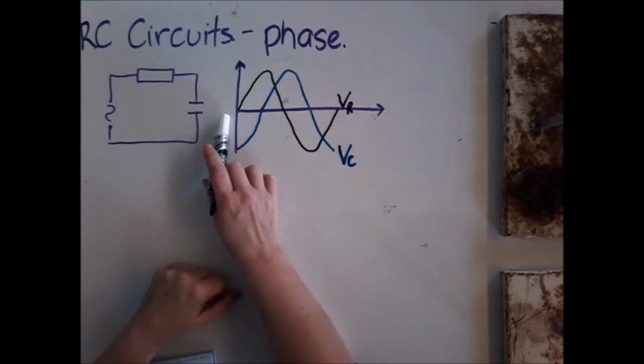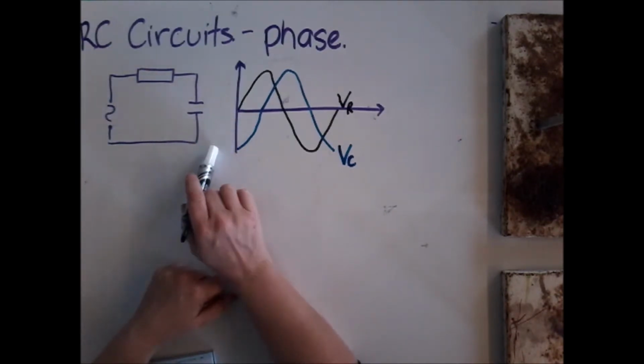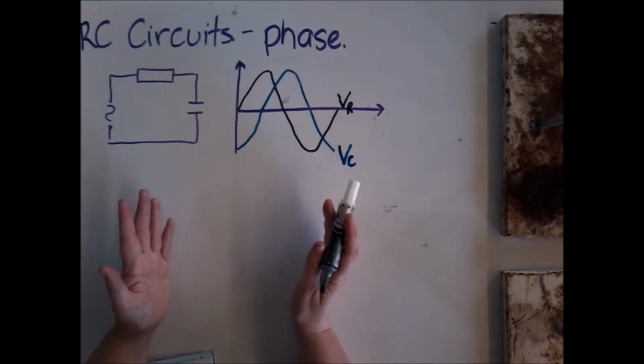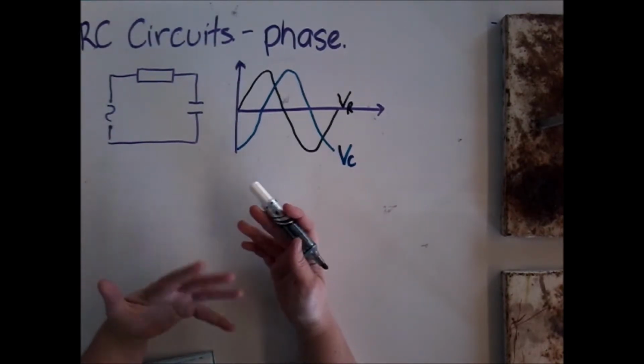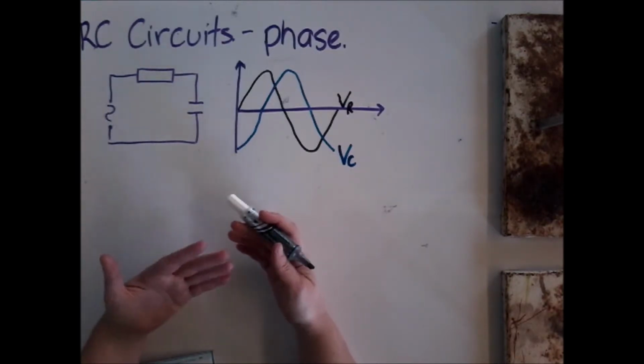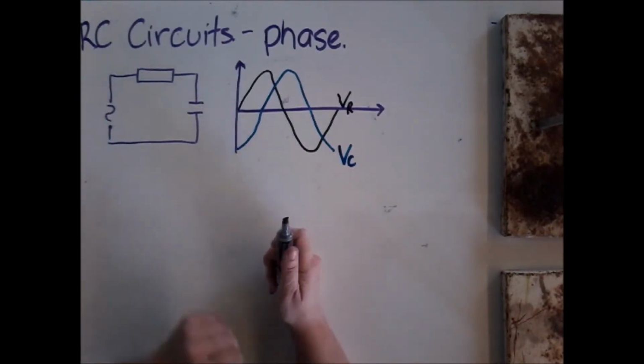When the voltage across the resistor is at 0, the voltage across the capacitor is at its negative maximum. And we can follow that sine curve through. And what we find is the period is the same because they're both being driven by the same AC frequency, but the voltage varies across them differently.